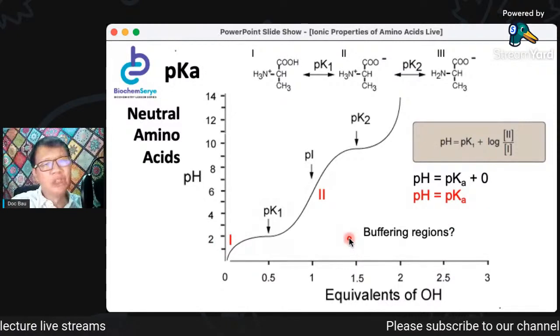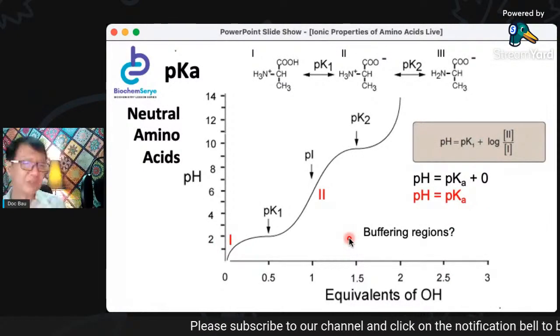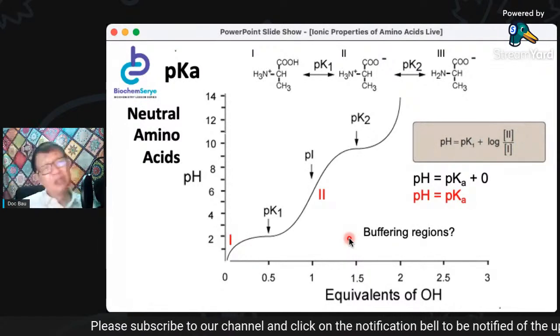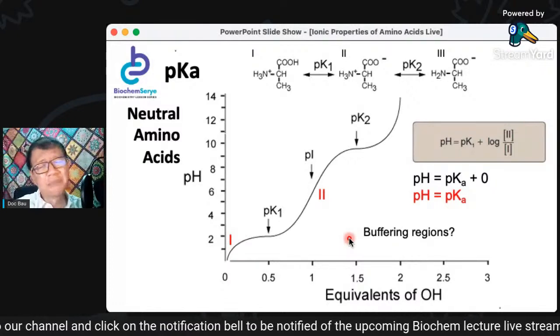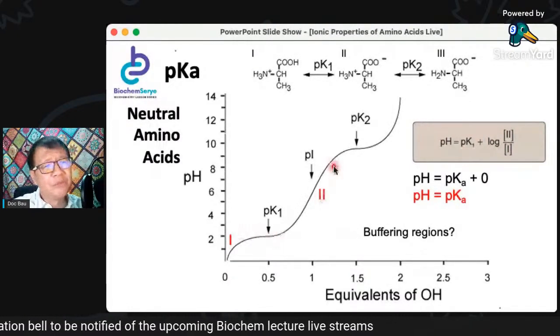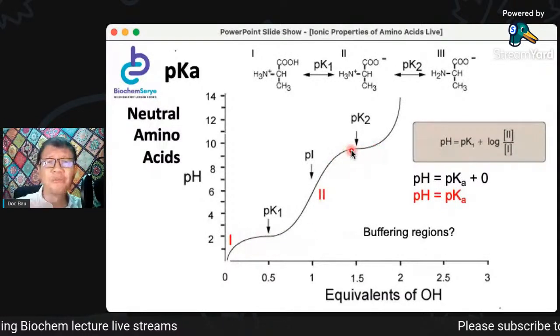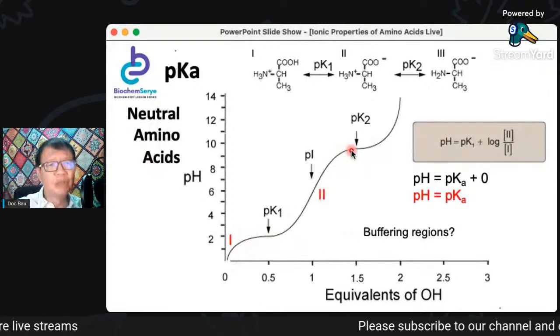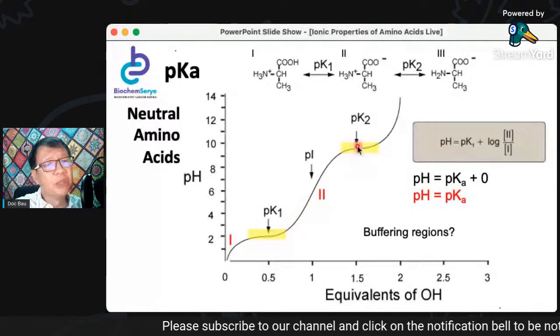And we know that your amino acids, although not that significantly, in a minor way, like histidine, can serve as important components of your buffering systems. If you can see, you have areas in your titration curve where it plateaus, and this will coincide with your pKa values.